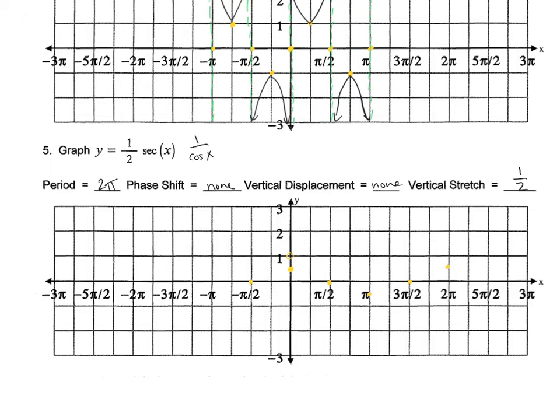And then again that pattern continues. Okay, so now I have zeros to draw my vertical asymptotes. And my local maximums now become local minimums and vice versa.